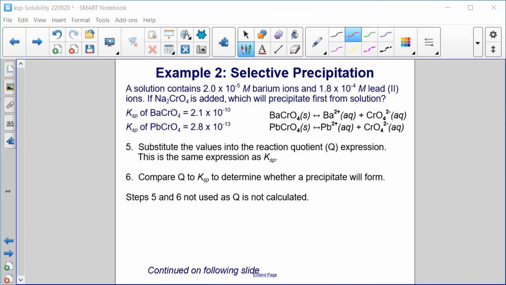We're saying, did we add enough of our ion for the precipitation to begin happening? And the reason that we did that is because we used our given KSP values to calculate it. And we know that KSP is equal to Q at equilibrium when the solution is fully saturated, and that adding any more than that, the compound will begin precipitating out.